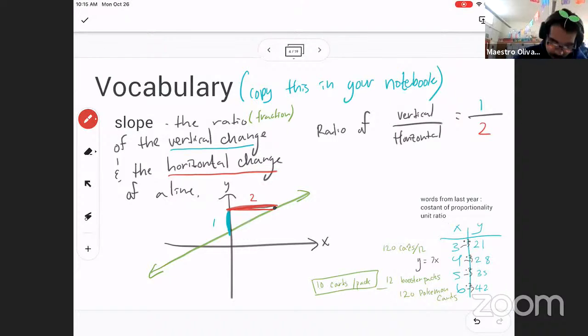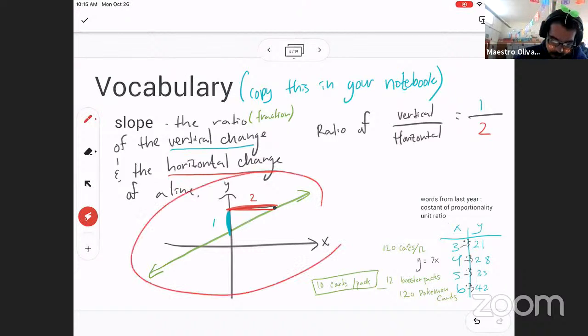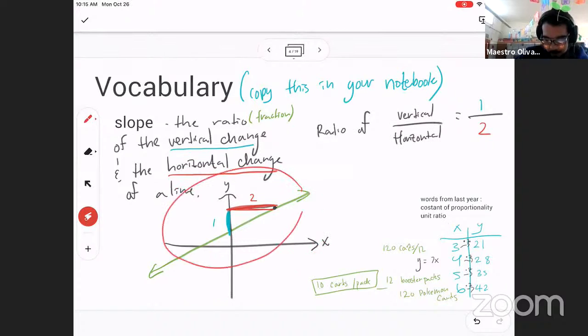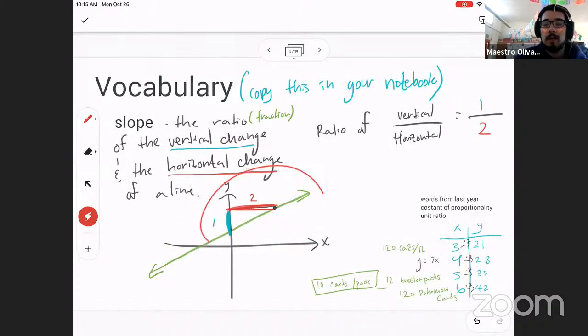And today, that's all we're going to be doing. Today, the only thing we're going to be doing is looking at graphs, and we're going to be drawing these little triangles, and we're going to be counting this distance here and this distance here.